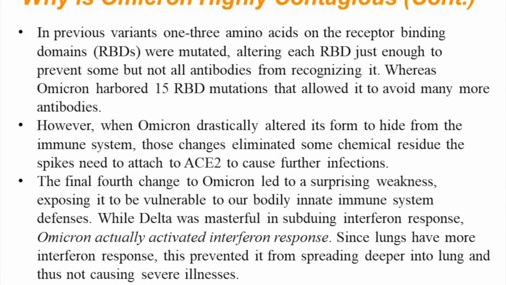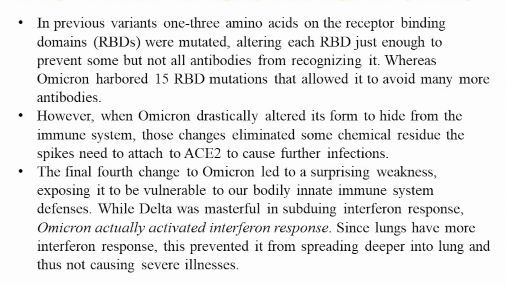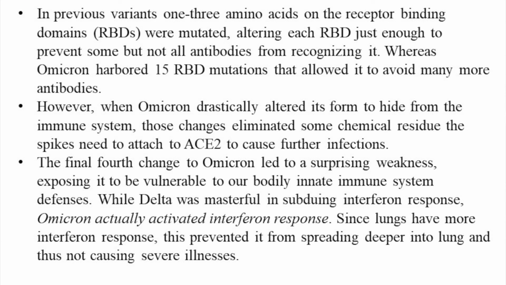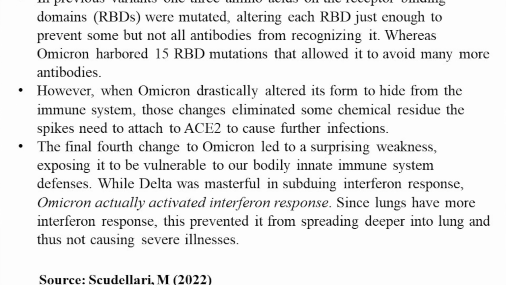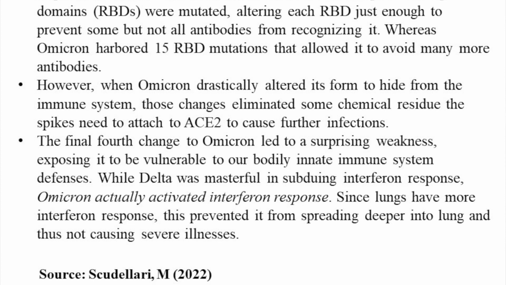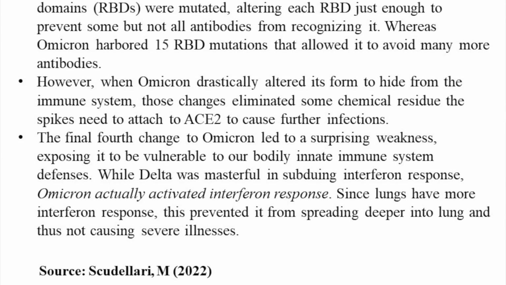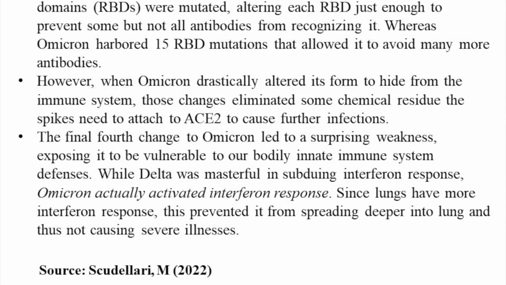In the previous variants, 1 to 3 amino acids on the receptor binding domains were mutated, altering each RBD, or receptor binding domain, just enough to prevent some, but not all, antibodies from recognizing it. Whereas Omicron harbored 15 receptor binding domain mutations that allowed it to avoid many more antibodies.